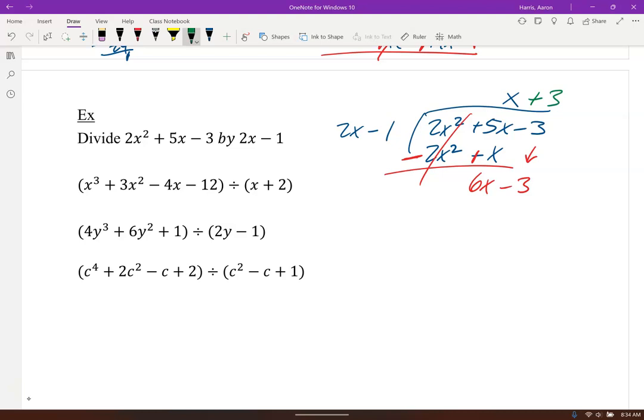And now let's multiply through. 3 times 2x is 6x. 3 times negative 1 is minus 3. And lastly, don't forget to change both signs. 6x minus 6x, gone. Negative 3 plus 3, gone. So I have no remainder. So this is my answer. It's just x plus 3.